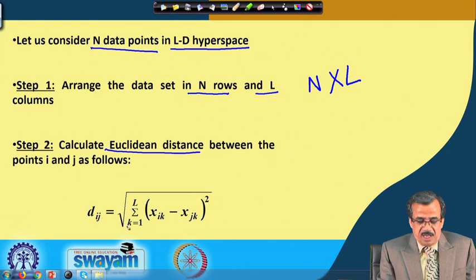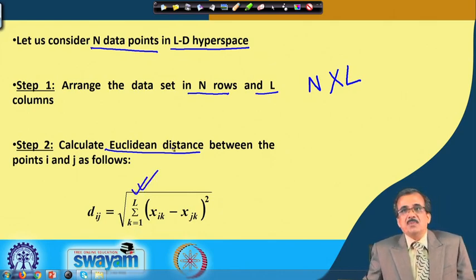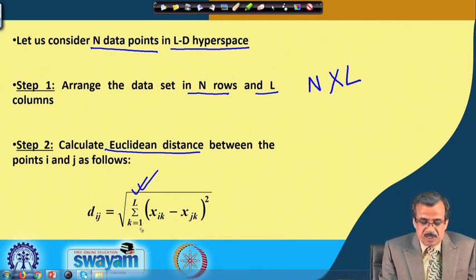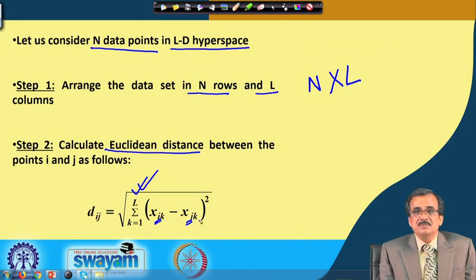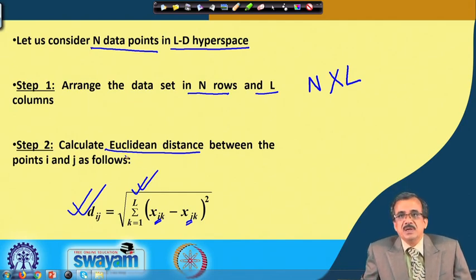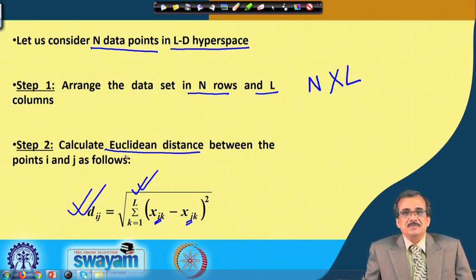Here k varies from 1 to L, L is nothing but the total number of dimensions, and I have got 2 points, one is i and another is j. Dimension wise we try to find out the difference, square of them, and after that we add them up and we take the square root of that. So, this is the way we calculate the Euclidean distance between the 2 points i and j.